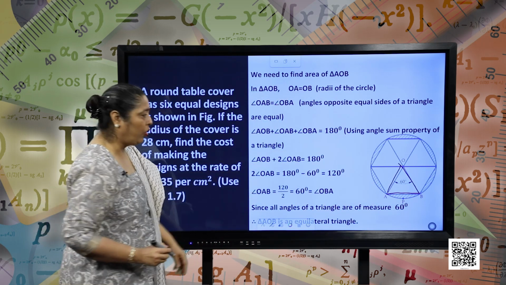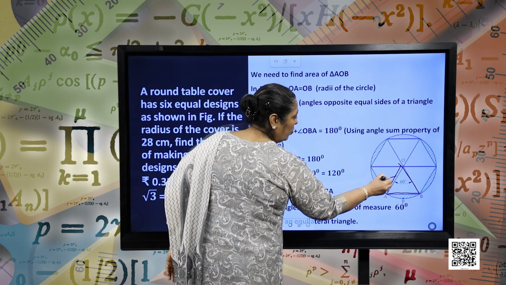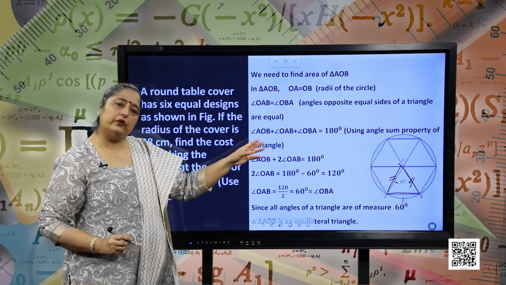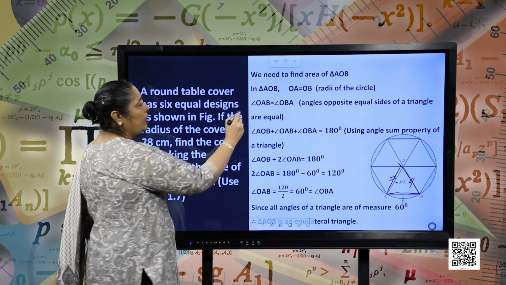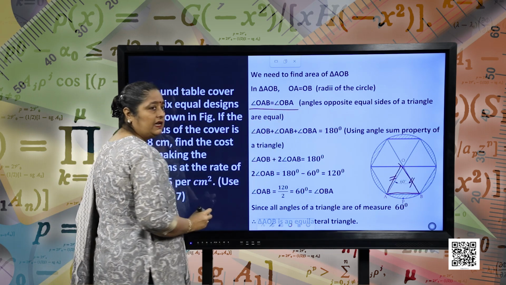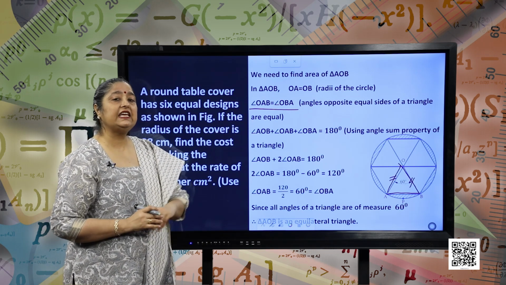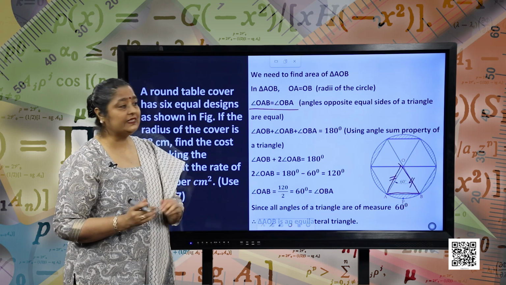In this triangle, we already know that AO is equal to OB. Why? These are the two radii of the circle. Also, angle OAB is equal to angle OBA. Why? Angles opposite to the equal sides of the triangle are always equal.